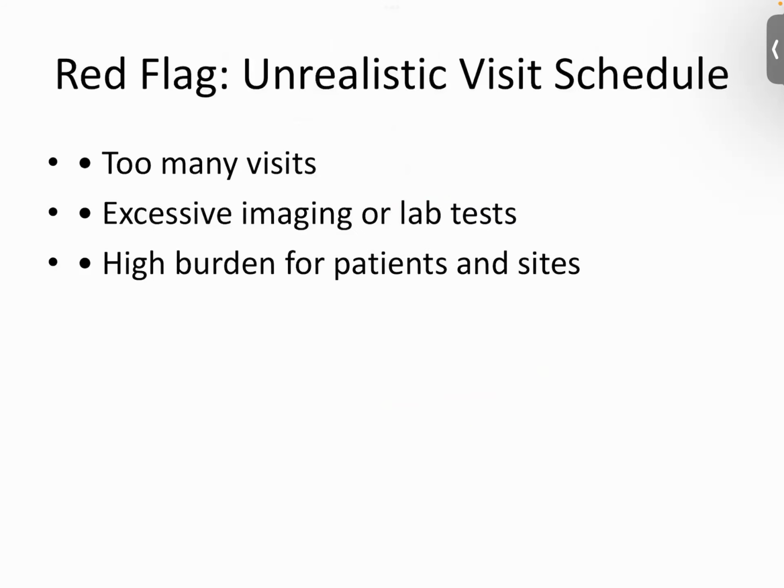And sometimes teams become perfectionist, and when they try to be perfectionist, they write so many visits for a patient, and this becomes one of the barriers. This becomes one of the biggest hurdles, that patients do not come to hospitals so often. Or you designed your protocol incorrectly, where visits are too many, or lab tests or imaging are too many.